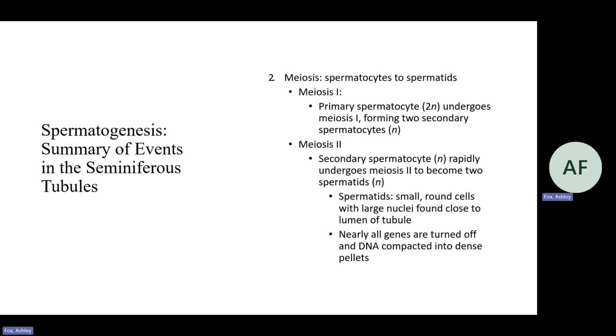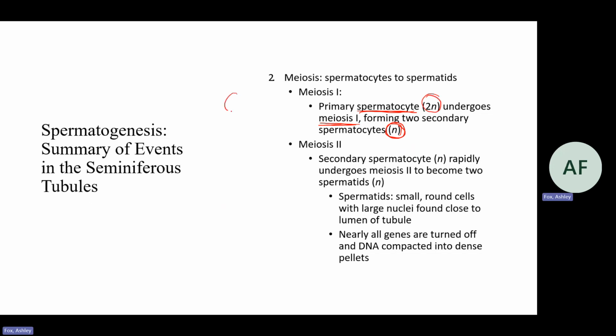So again, meiosis 1. Primary spermatocyte, so that type B daughter cell, is going to go through meiosis 1, and you're going to lead to 2 spermatocytes with half the number of chromosomes. That's what happens in meiosis 1.